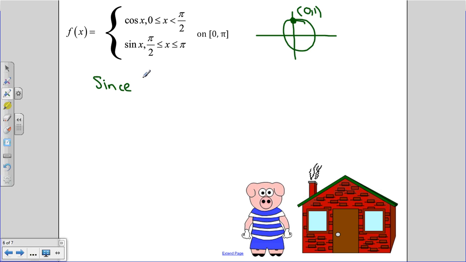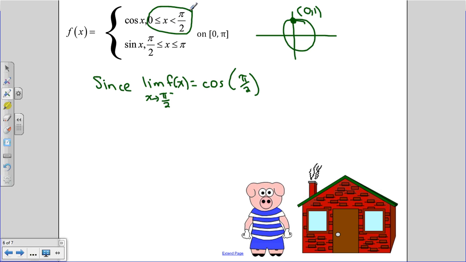So since the limit as x goes to pi over 2 from the left, right, because 0 to pi over 2 is to the left of my function, equals cosine of pi over 2. Right, this is from the left because 0 to pi over 2 is to the left of pi over 2.